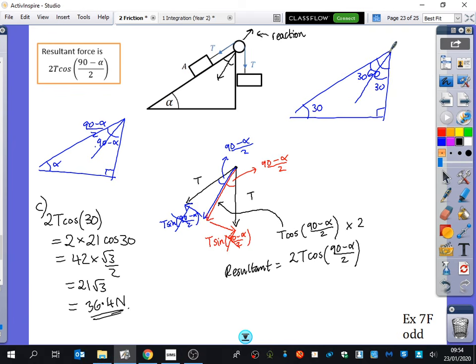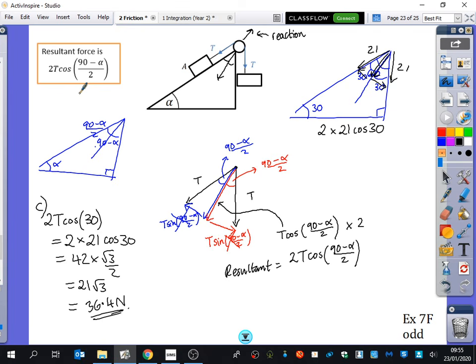And the force we had here and here was 21 and 21. So actually running along there and running along there are both 21 cos 30s. Hence it being 2 lots of 21 cos 30. And we don't worry about this force or this force because they are equal and opposite and completely cancel each other out, right? So if you like memorizing things, that's something that can help you. But it's really important you understand why that works and how that comes up.